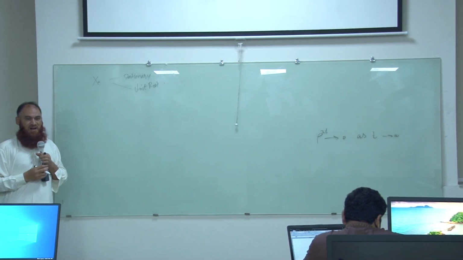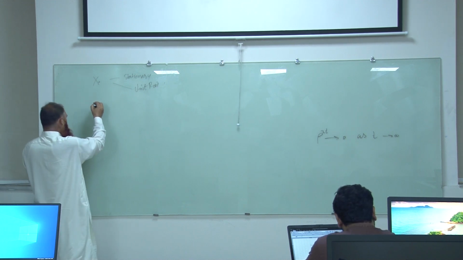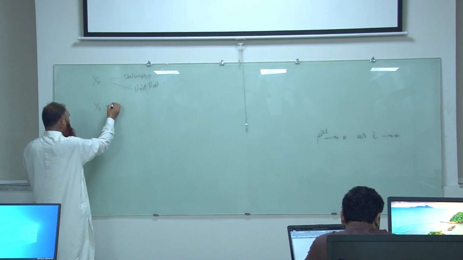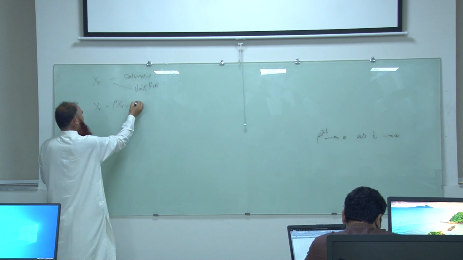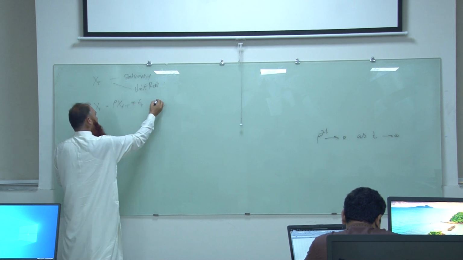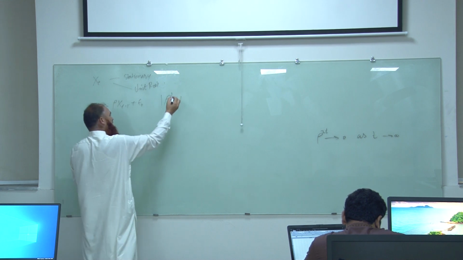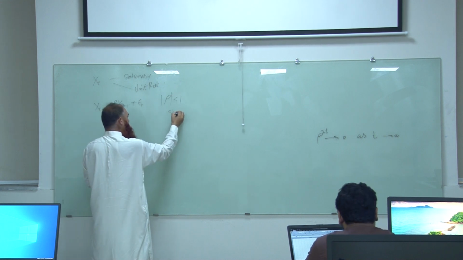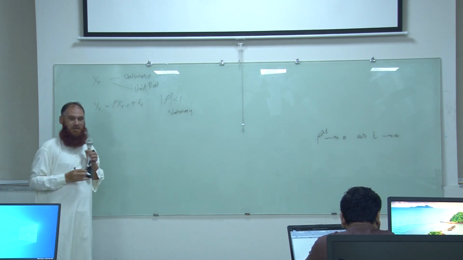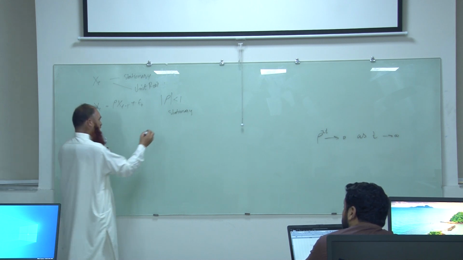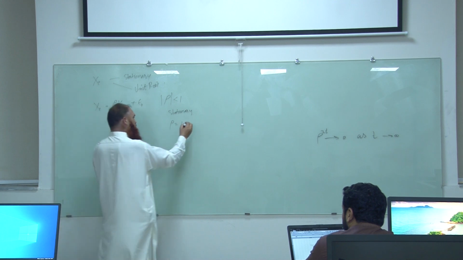When it will be stationary, if you have the series like this, xt is equal to rho xt minus 1 plus epsilon t, and the absolute value of rho is less than 1, then this is stationary. And if you have rho equal to 1, then this is unit root.